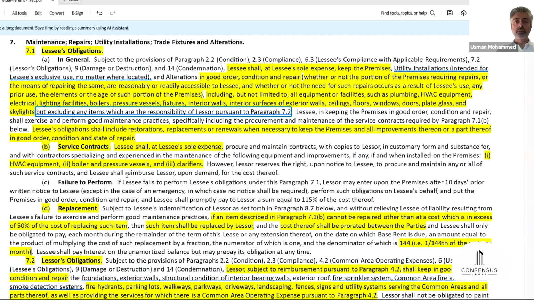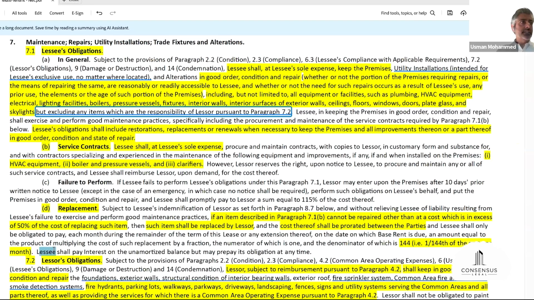Now, what about a scenario where lessee exercises a 5-year option to extend and ends up leasing it for 6 years after the replacement? Then lessee would be responsible for 6/12 or 1/2 of the cost of that replacement.